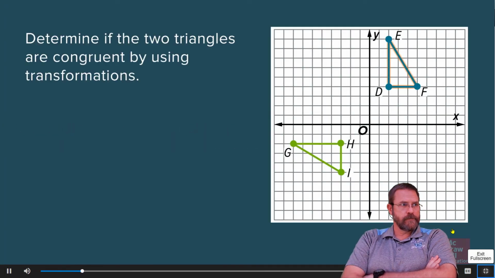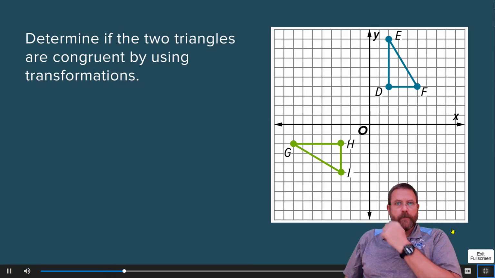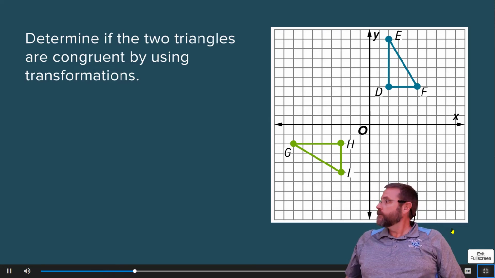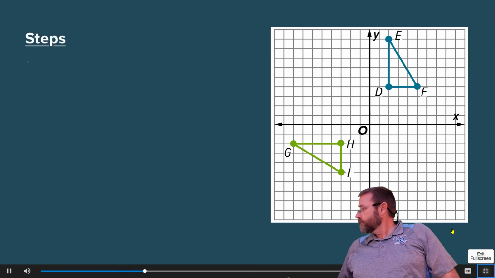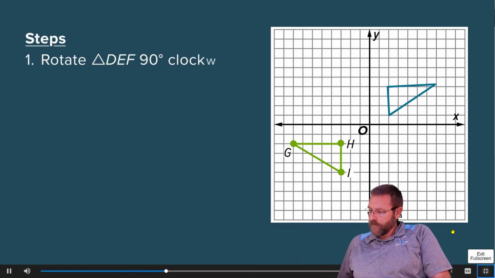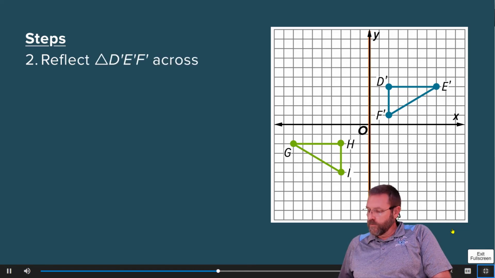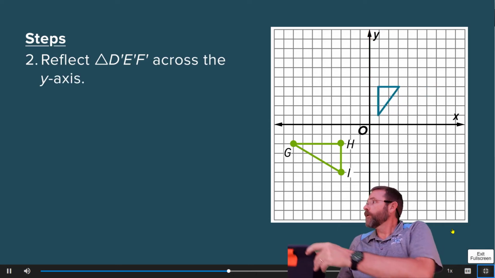Triangle DEF and triangle HGI are shown on the coordinate plane. You can determine if the two triangles are congruent by using transformations. First, rotate triangle DEF 90 degrees clockwise about vertex D. Next, reflect triangle D prime, E prime, F prime across the y-axis.